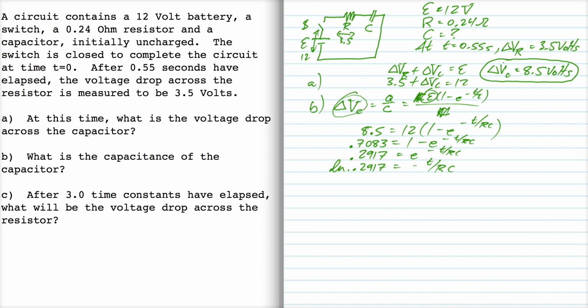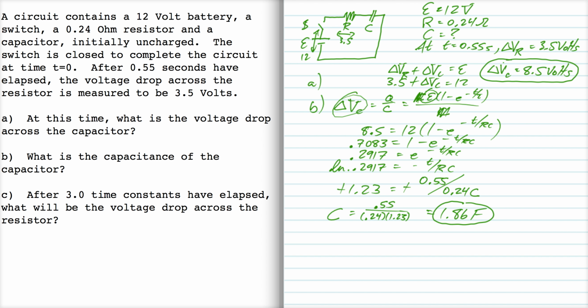And so I'm left with minus 1.23 is equal to minus the time, which, remember, is 0.55 seconds, divided by the resistance, 0.24, times the capacitance. So if I make both sides positive and solve for the capacitance, I get that it's equal to 0.55 divided by 0.24 times 1.23, which is 1.86 farads.